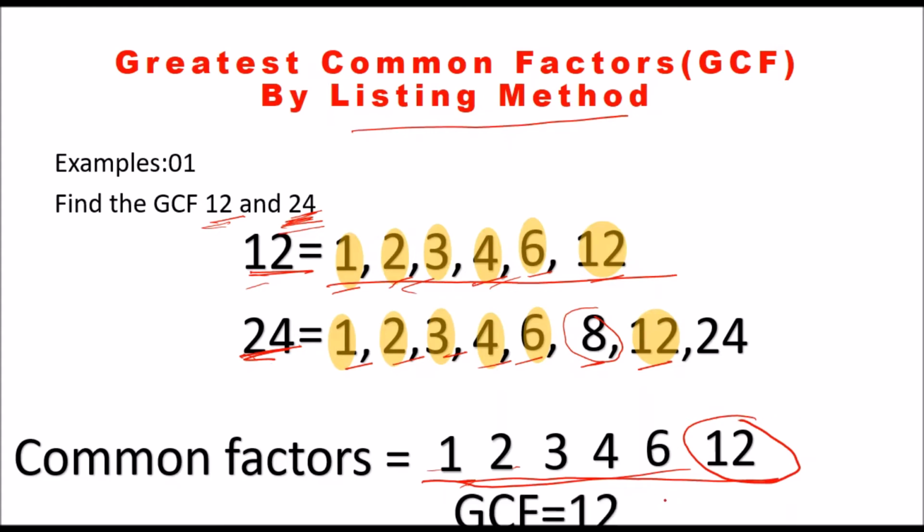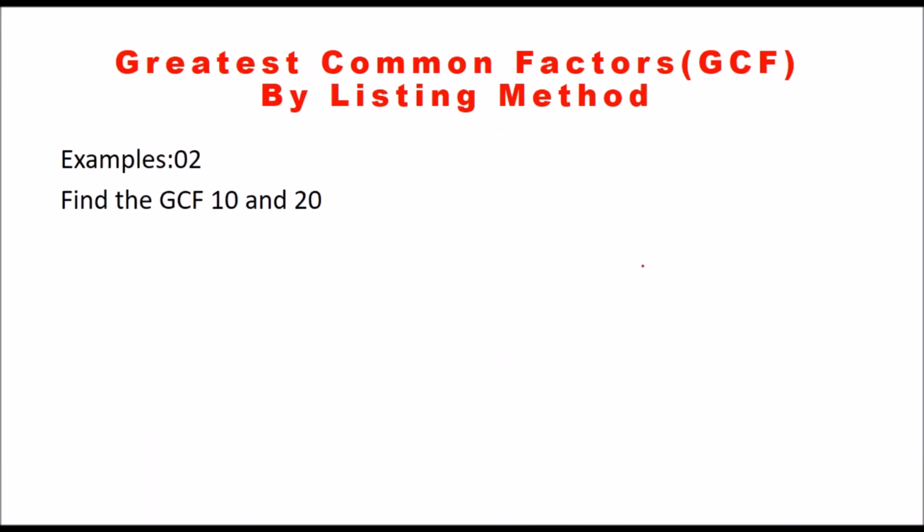Is 12. Another example is this one. We are doing it by the listing method. We are going to list the factors of 10 and the factors of 20. We know how to find the factors.